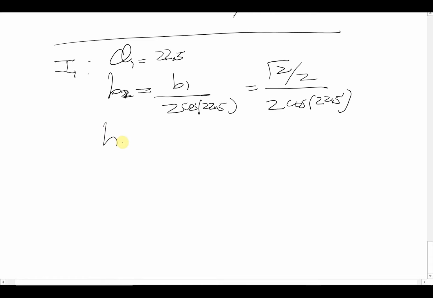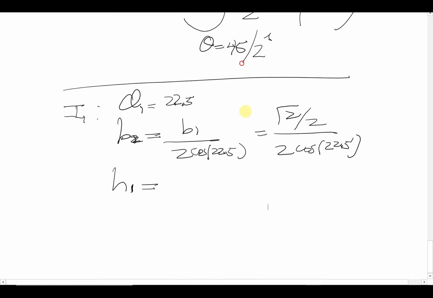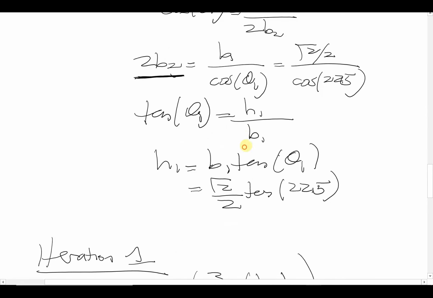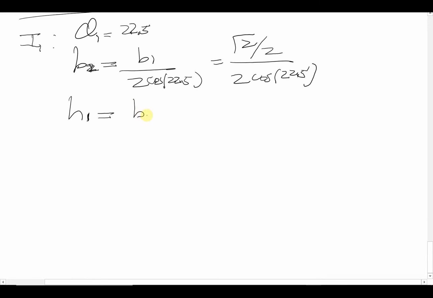And we know that H1 was B1 tan theta 1. So it's just B1 tan theta 1, which is root 2 over 2 tangent 22.5.